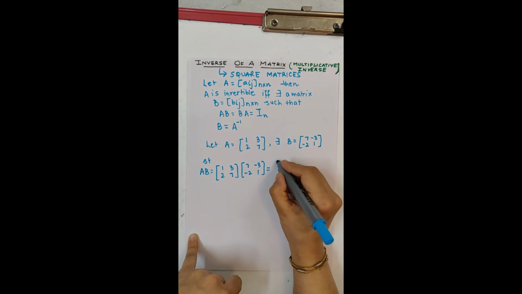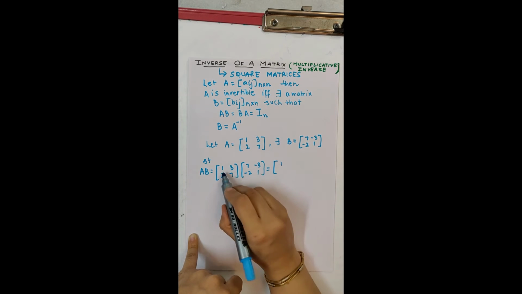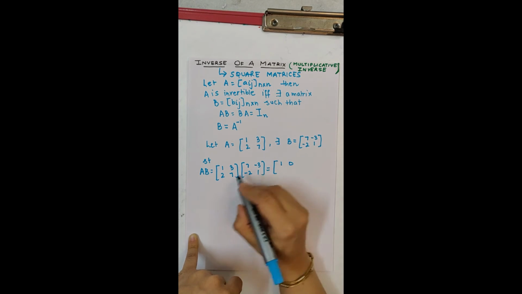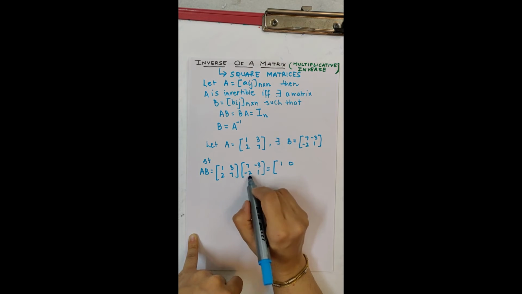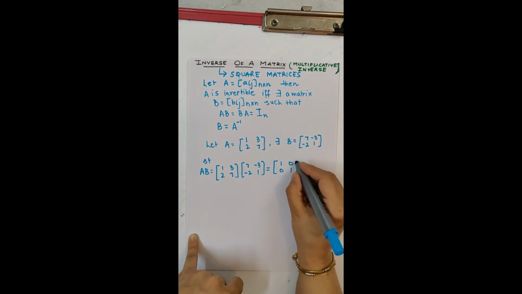Now you can quickly multiply this. So this will be 7 minus 6, that's 1, -2 plus 2, that's 0. Then 21 minus 21, that's 0, and then minus 6 plus 7, that's 1.